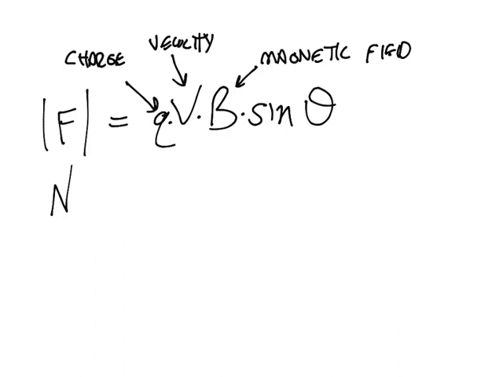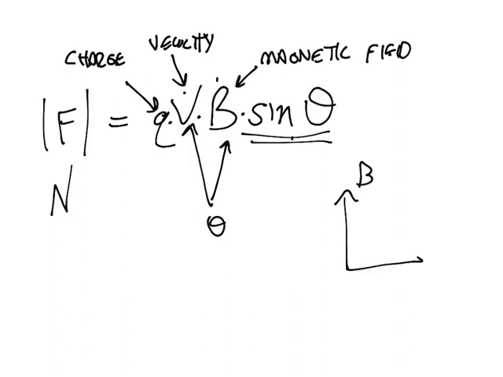And then the sine theta is the angle between these two vectors, which each have a direction. For example, if this is B and this is V, then in this case theta is 90 degrees, and we're going to keep it at 90 degrees for most of the problems we're doing.